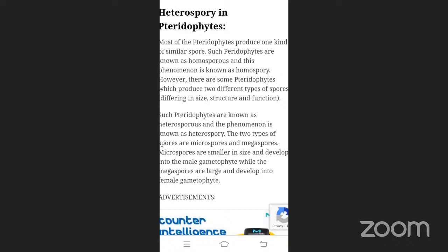But in a few genera, such as Selaginella and Marsilea, the sporangia form two types of spores.